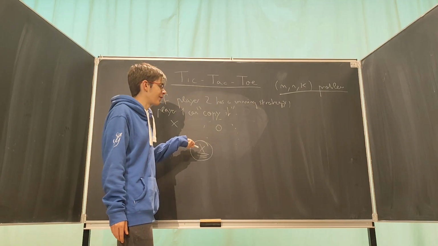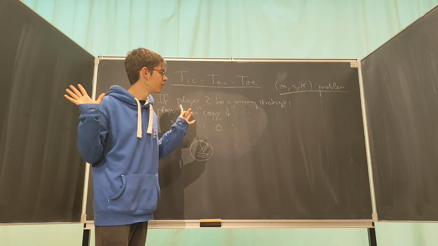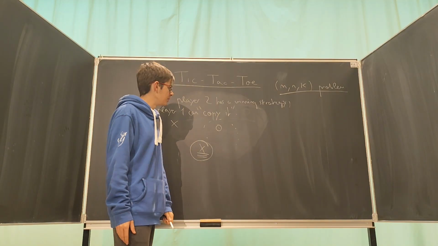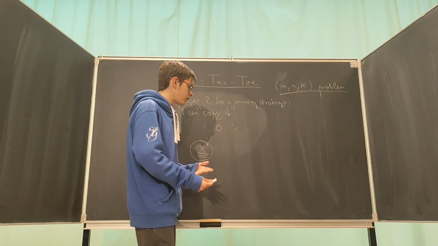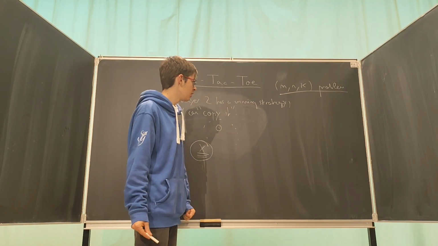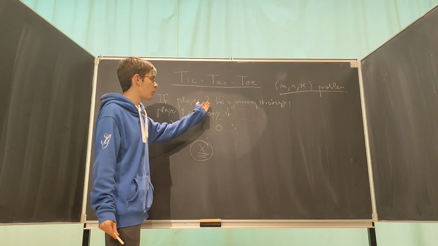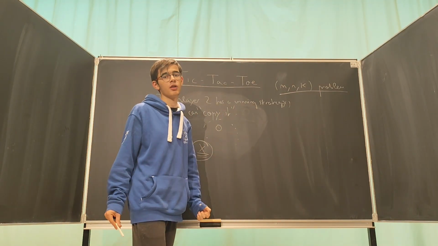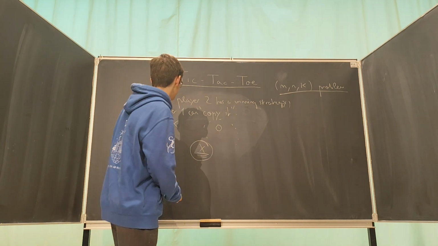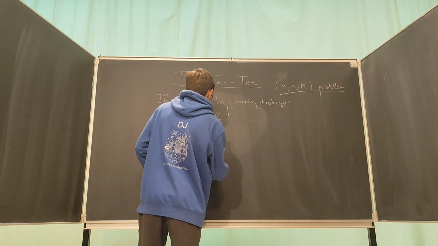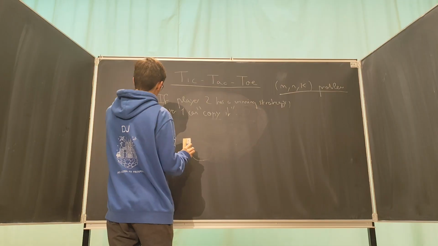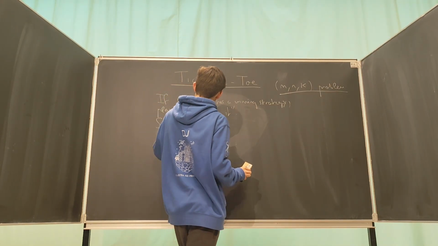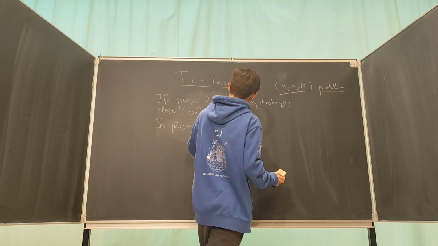Like basically, since he has already played here, well, he's fine. He can just play anywhere else if need be. Okay? So by copying player 2's strategy, we show that if player 2 has a winning strategy, then player 1 also has a winning strategy, which is, of course, a contradiction. So player 2 cannot have a winning strategy.